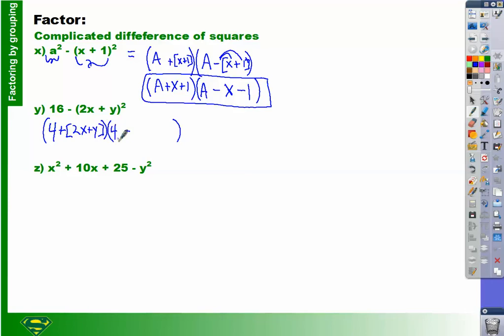So we have the 4 here minus 2x plus y. And then we have to simplify it. My first term, I only have addition signs, so we will just end up with 4 plus 2x plus y. But in my other term, I have to distribute that. And I would end up with 4 minus 2x minus y.